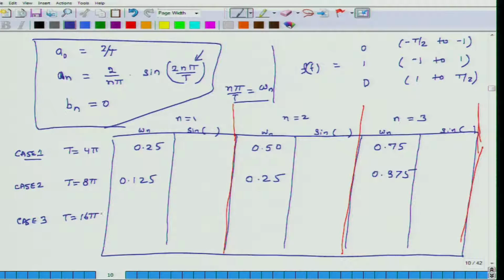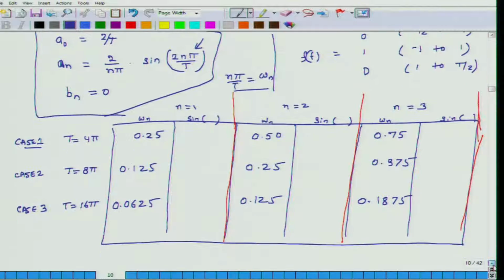And then when t is 16 pi, it becomes 0.0625. And in the column corresponding to n is equal to 2, it becomes 0.125. And here it becomes 0.1875. So let's look at this table more carefully.